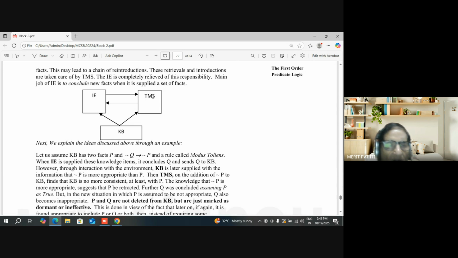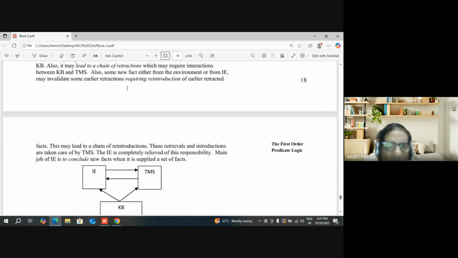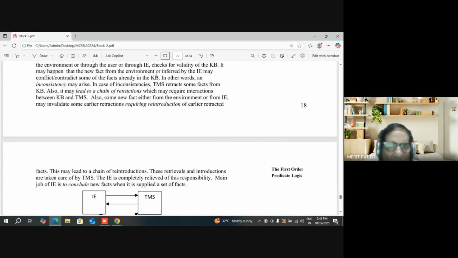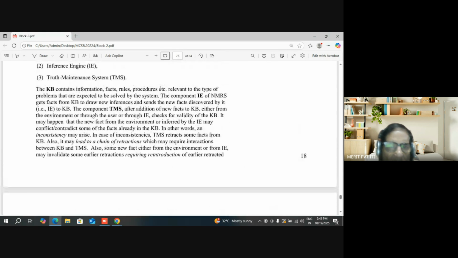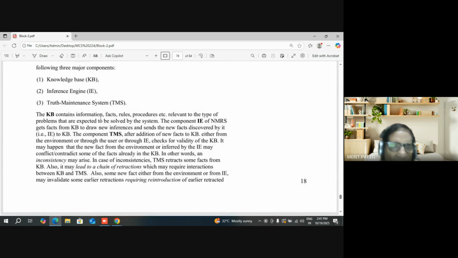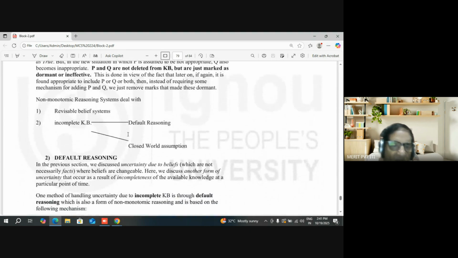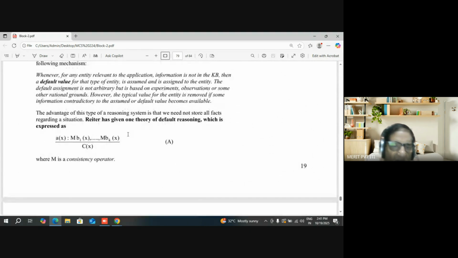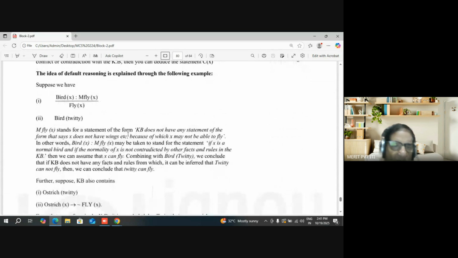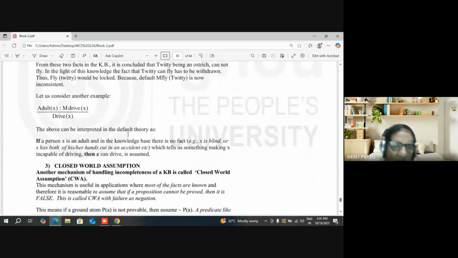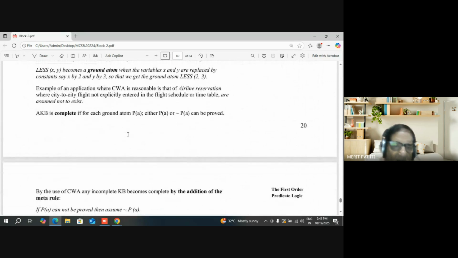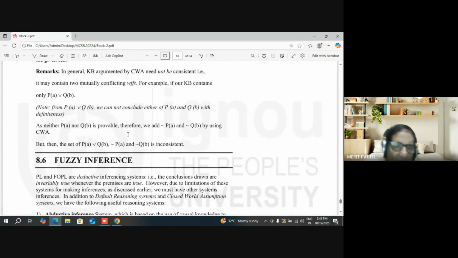The retrieval and introduction are taken care of by the TMS, truth maintenance system, inference engine, knowledge base. This is the reasoning for this. Bird X, and so on. Closed world assumption: a question can come on this too.